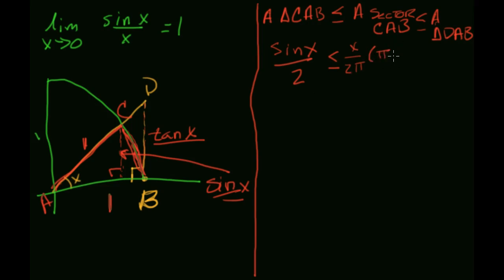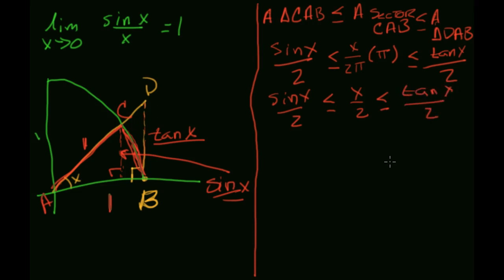The radius here is 1, so it'll be x over 2 pi times pi. The area of the big triangle is its base, 1, times its height, tangent of x, divided by 2. Clearing this up a little bit, this is sine of x over 2 less than or equal to x over 2 less than or equal to tan x over 2.